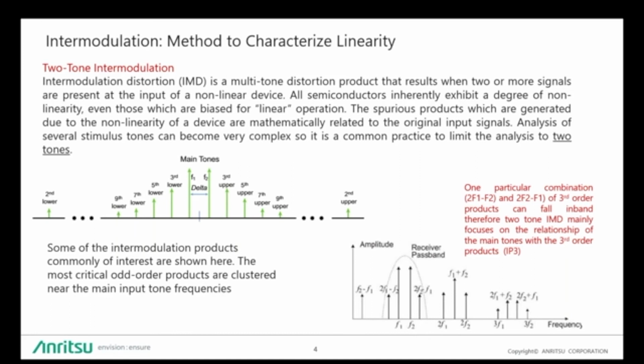As you can see here, when you inject two tones into a nonlinear device, you can get all sorts of products. The ones that are of interest are the third order ones, as you can see on the plot at the bottom right. The particular combination of interest is the 2F1 minus F2 and the 2F2 minus F1 products, because they fall in band. Most folks in the industry focus on an analysis of those third order products. They are called the IM3 products.